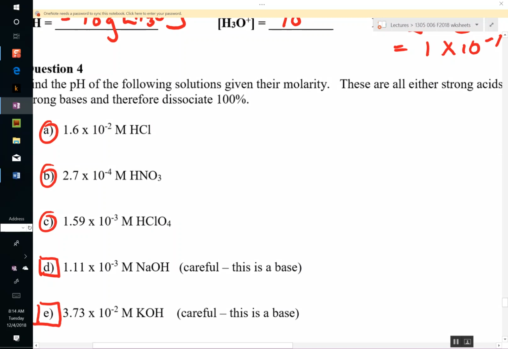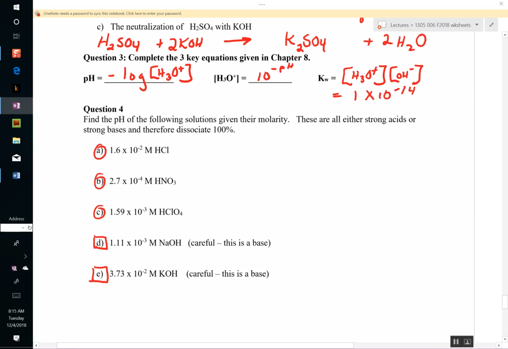So let's read what it's telling you here. Find the pH of the following solutions given their molarities. These are all either strong acids or strong bases, and therefore dissociate 100%.